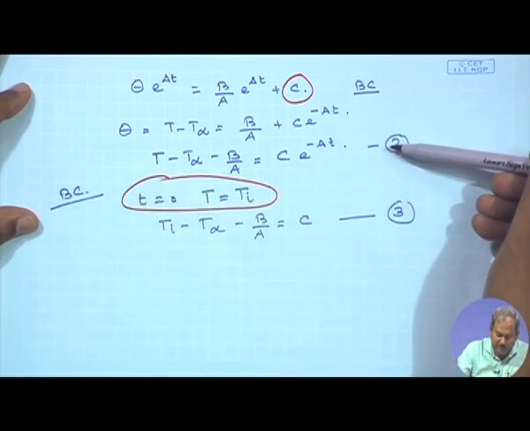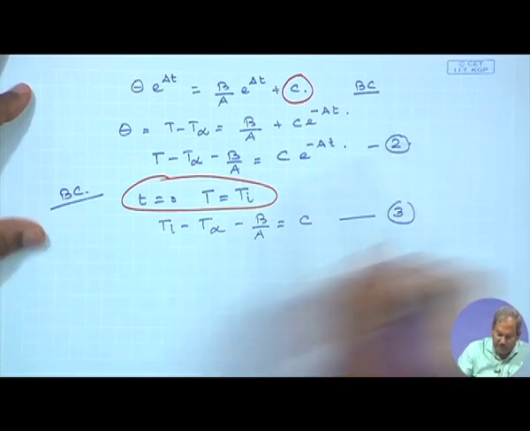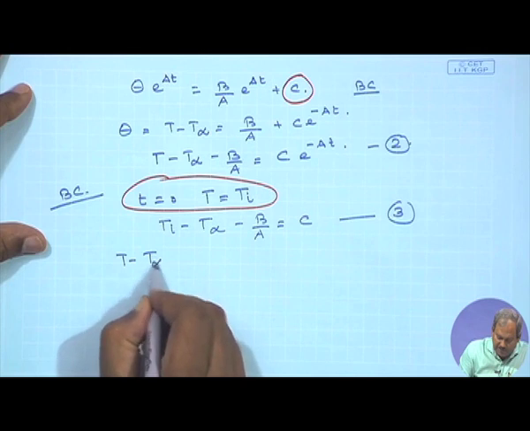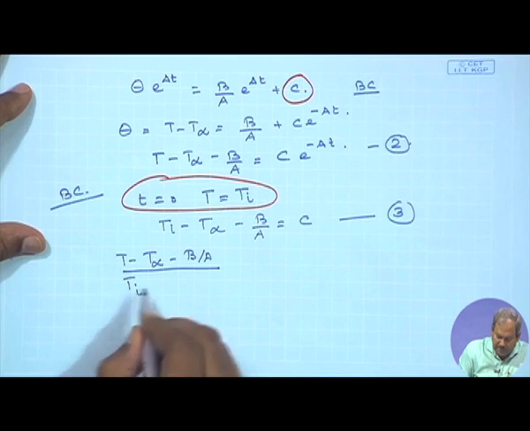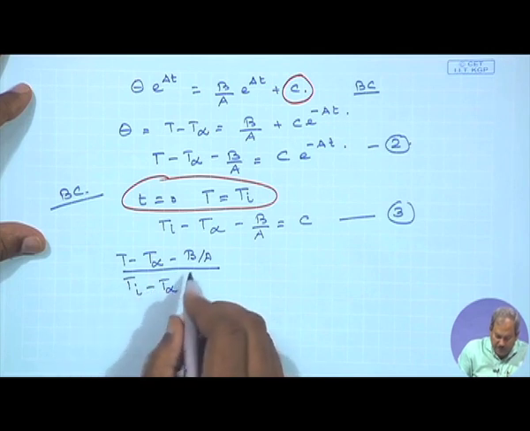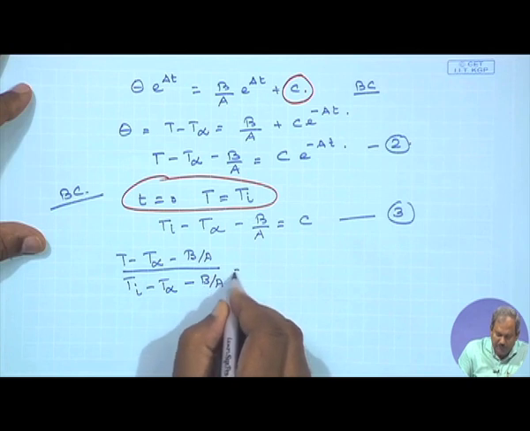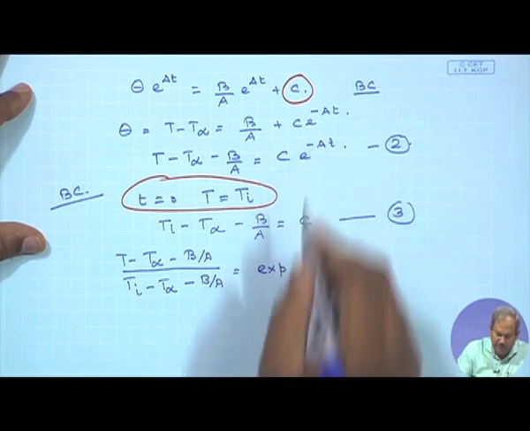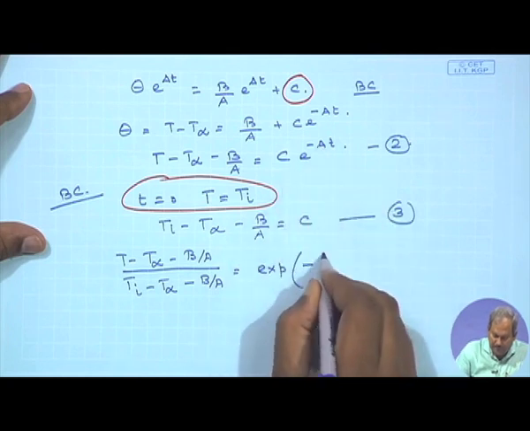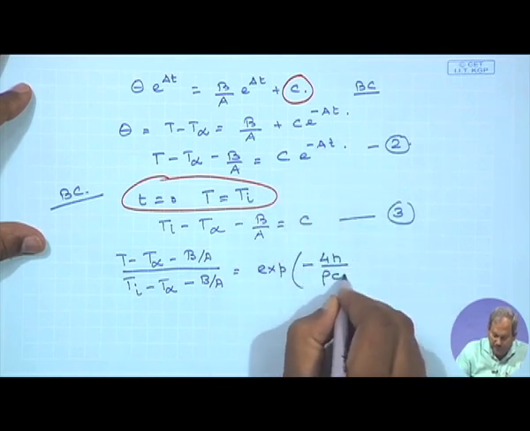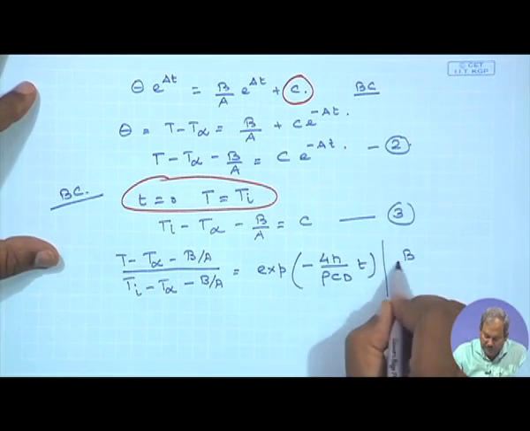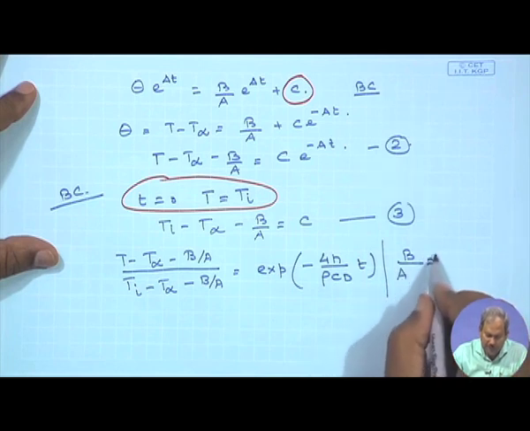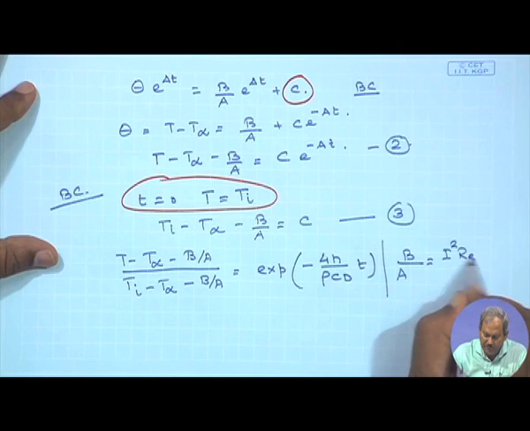So, I divide equation 2 by equation 3, and what we get is T minus T infinity minus b by a, where b and a are both constants, by T i minus T infinity minus b by a, is exponential. If I put back the value of a in here, minus 4 h by rho c d times t, and from the definition of b and a, we know that b by a is I square R e by pi d h.